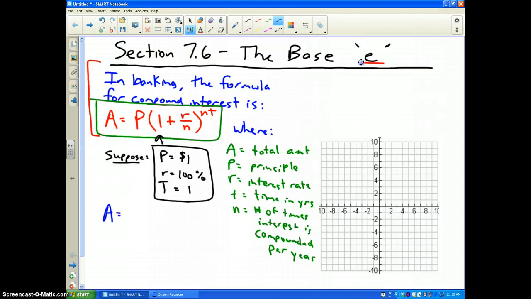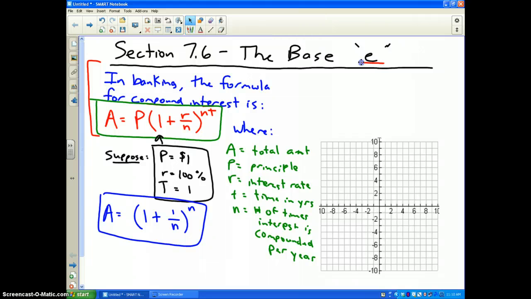My amount is equal to (1 plus 1, which is the interest rate, over n) to the n power. This is the equation that we are going to graph. So I want you to type that in your graphing calculator. Press y equals, and of course in place of the n's you're going to be using an x.